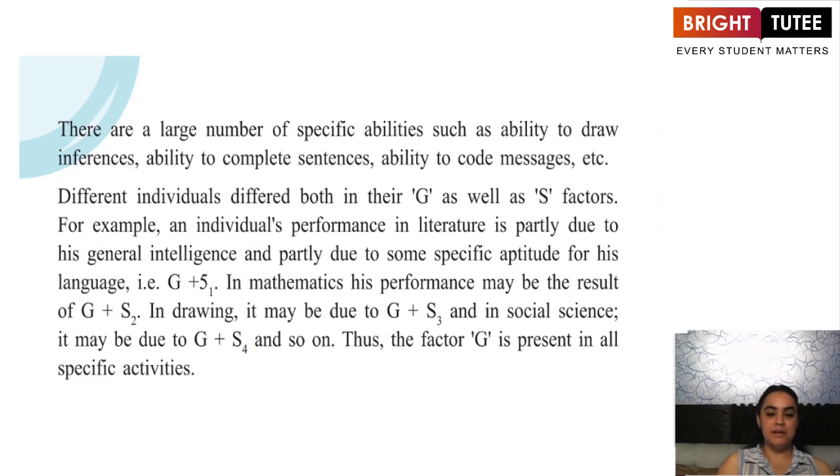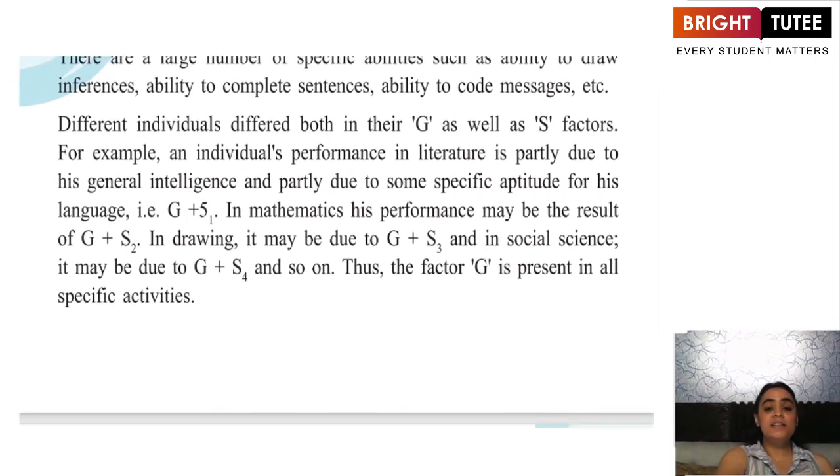A person may be very good in social science, and can end up becoming, let's say, a history professor or a doctorate in history. So G factor is present in all the activities. Everybody has that basic mental intelligence. But the addition to that intelligence is what we call the S factor or the specific factor.